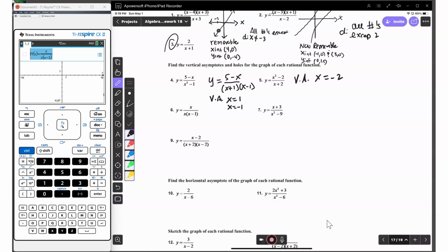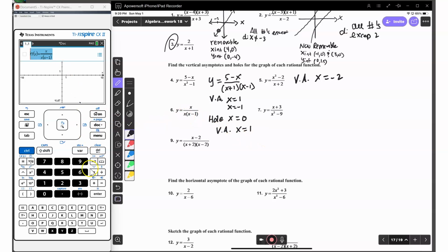Okay, for number 6, it is written in factored form. We notice that at x, we have a hole. So it's going to be discontinuous at x equals 0. And we also know that the vertical asymptote is at x equals 1.